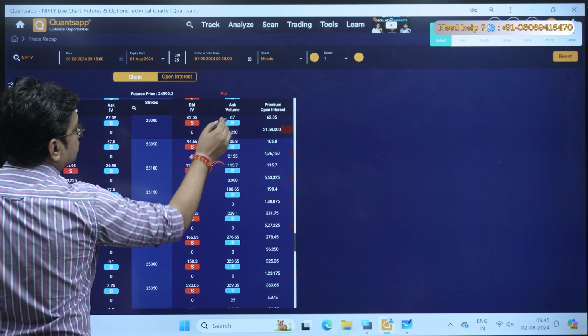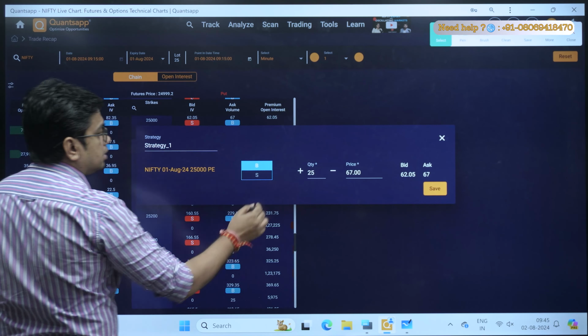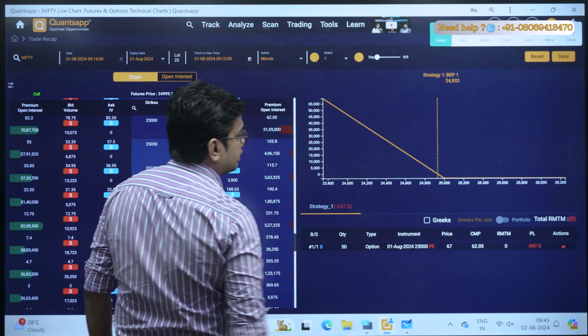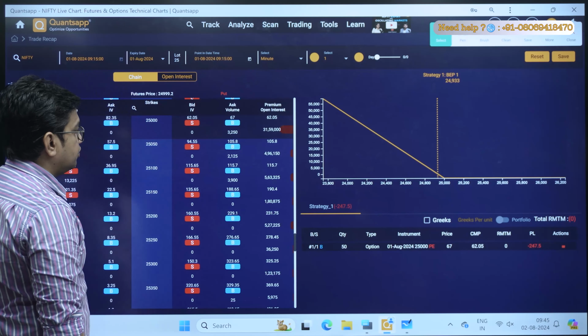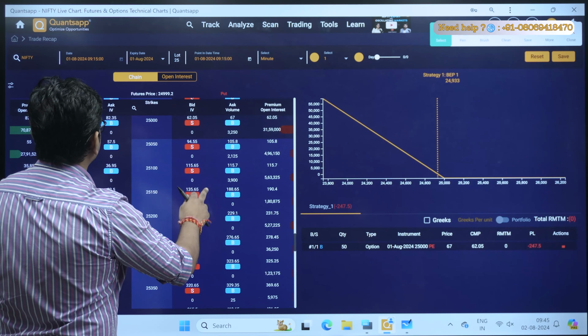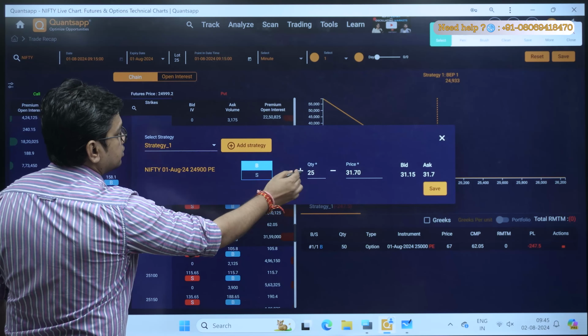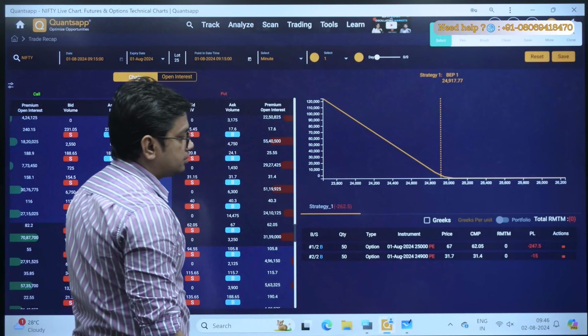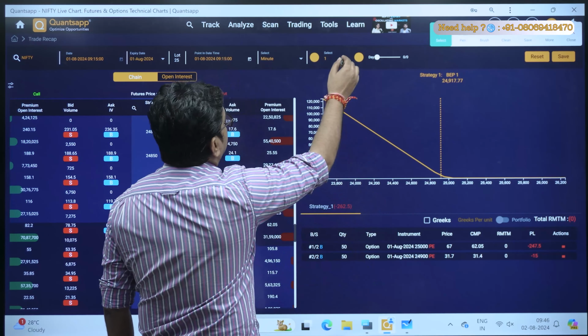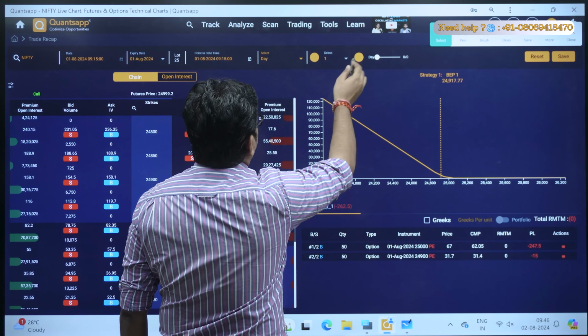I am going to buy 2 lots. Save. Now if I buy some OTM level put option, 2 lots. Now I will change by day.